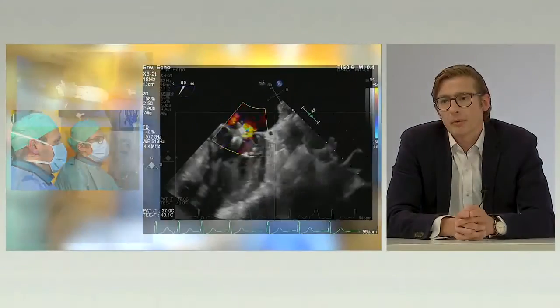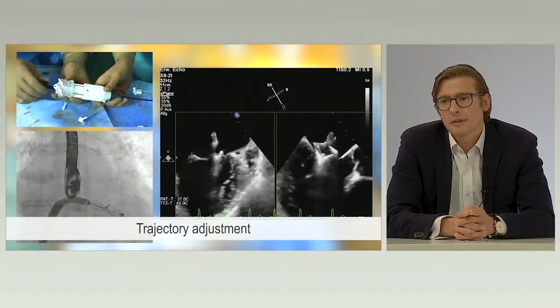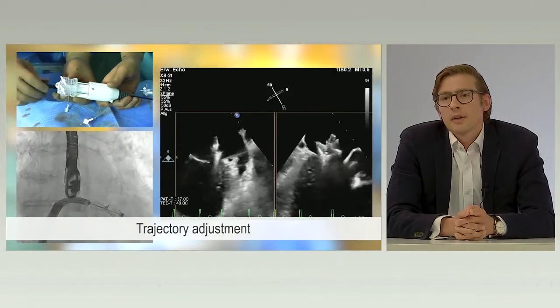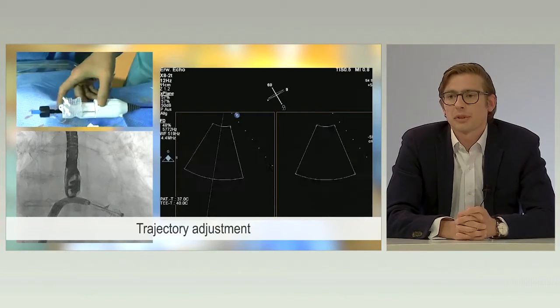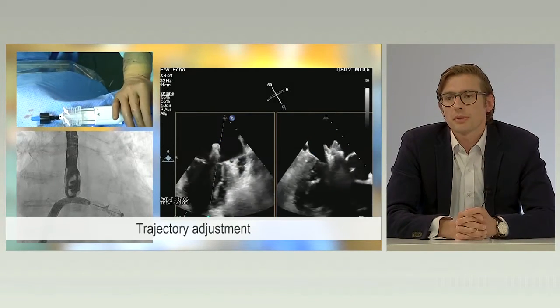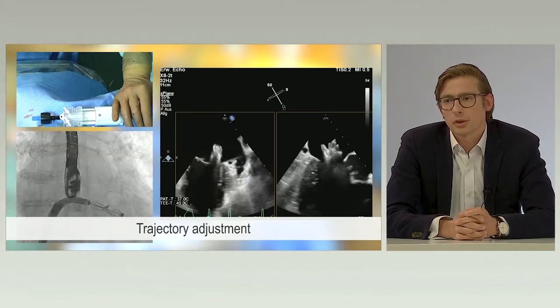What we've seen on echo after we closed the device was that there was still significant mitral regurgitation at the lateral aspect of the device. So we weren't happy with that. Therefore we decided to do that again, change the trajectory slightly and place it in a more lateral position to reduce this lateral MR jet as much as possible.